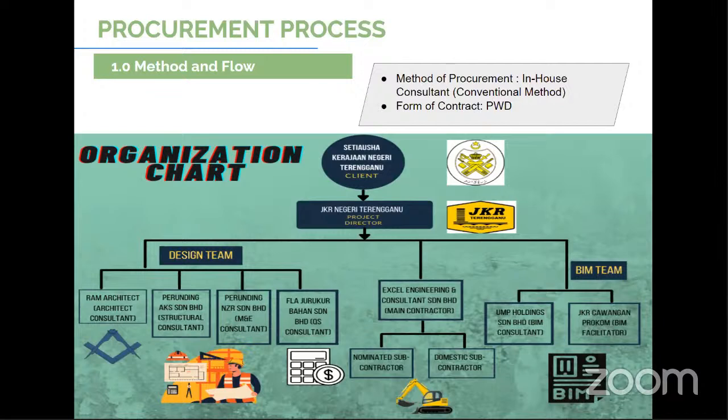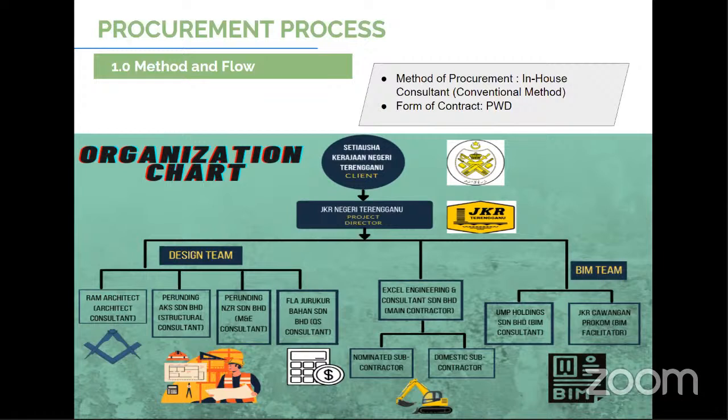You could also talk about whether there were any additional documents that the contractor had to submit to JKR for this project. You should highlight the differences, even though it's a traditional procurement system. I think that's what is lacking in your presentation.